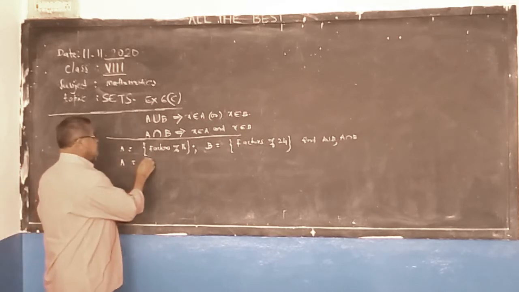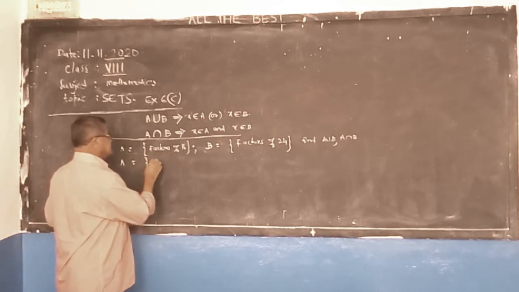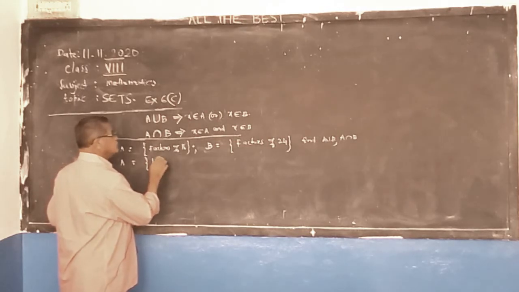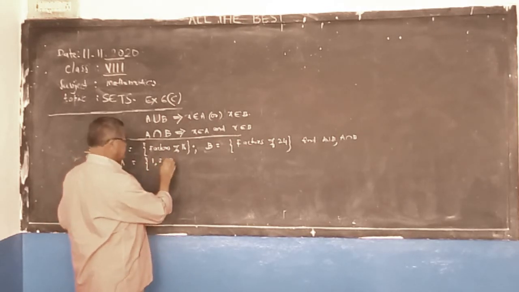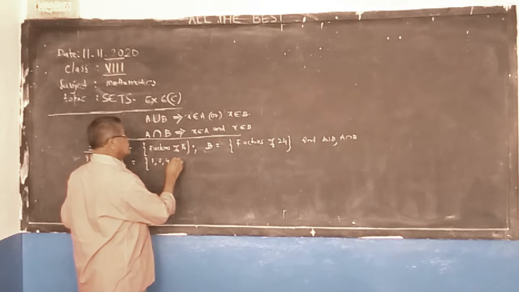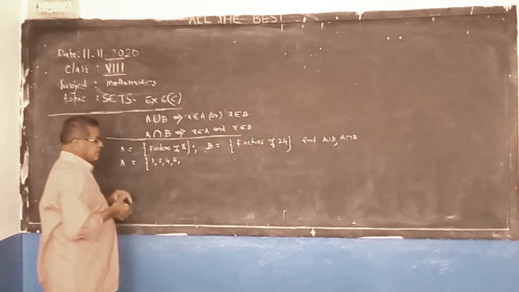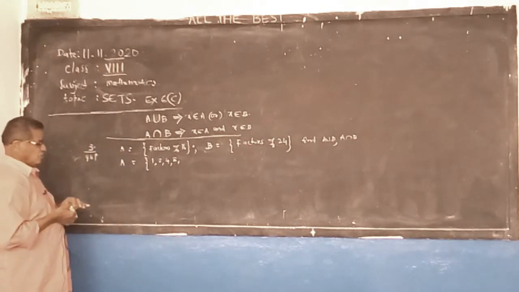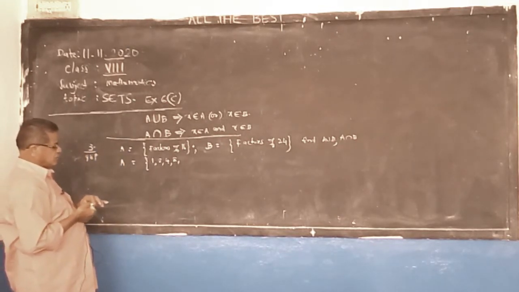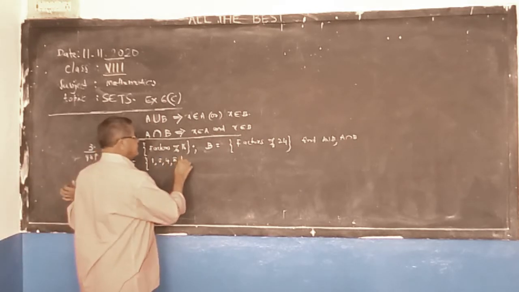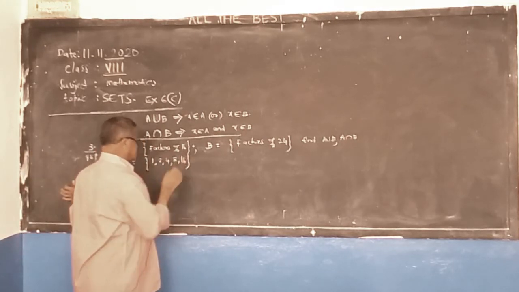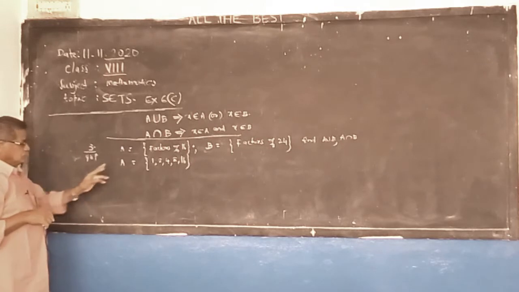What are the factors of 16? 1, 2, 4, 8, and 16. These are the factors of 16.